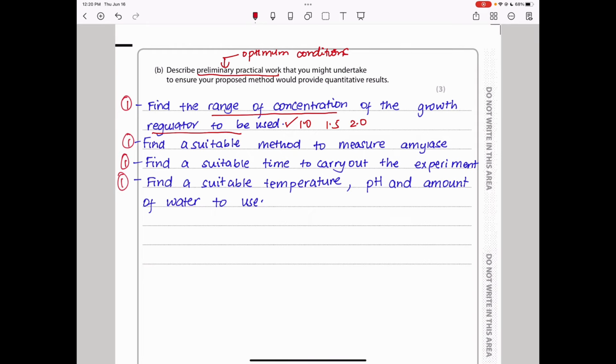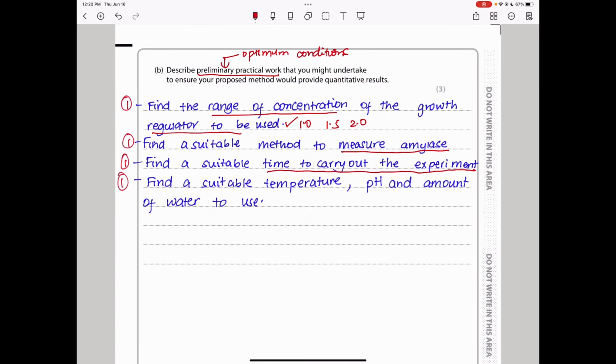And then we have to make sure, since the growth regulator is going to cause the seed to release amylase, we have to find a suitable way to measure the amylase that is released. And then we have to know how long we are going to carry out this experiment. Is it for a week, for a day, for an hour? We need to establish the time frame to carry out this experiment. And then lastly, we have to find other variables that we have to keep constant, and how we are going to maintain them constant.